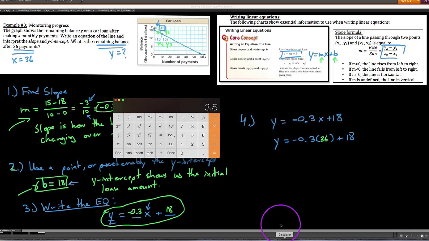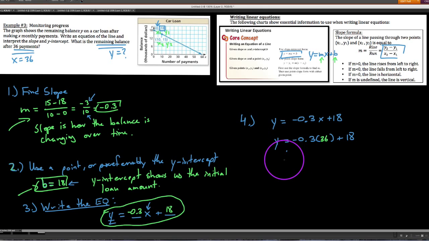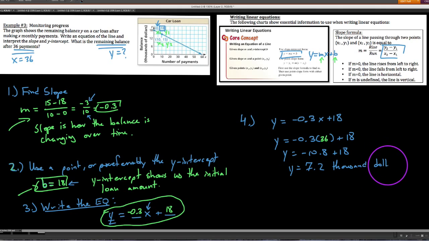So we'll get our calculators out here and we'll say, okay, well, let's take 36 times negative 0.3. So we get negative 10.8, so we get y equals negative 10.8 plus 18, and when we add those together, well, 10 away from 18 would be 8. Take away another 8/10, we would have 7.2. And so we're going to say $7,200. And that's how we should label it.